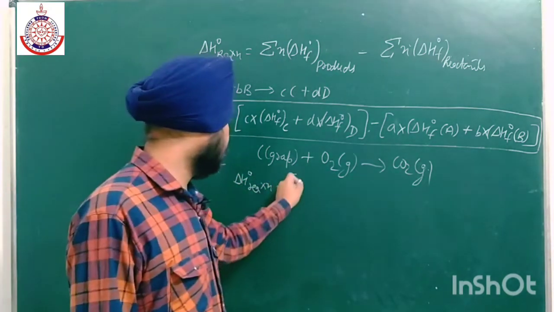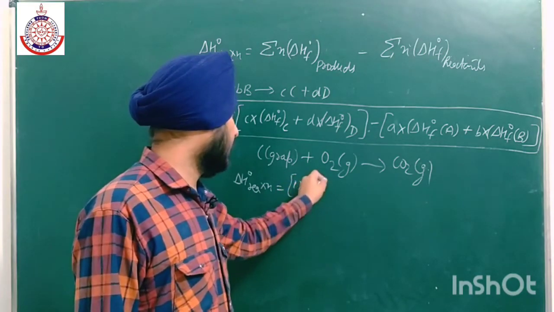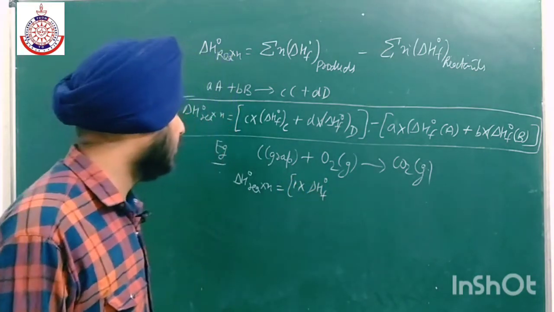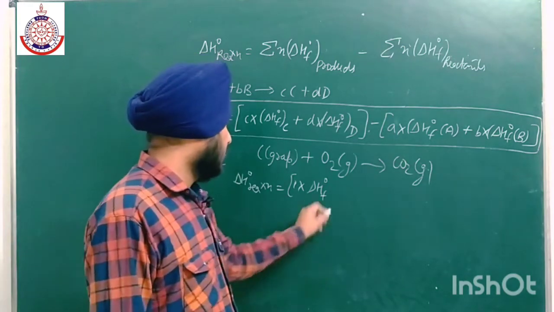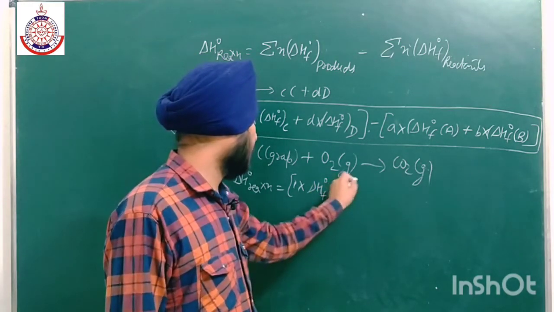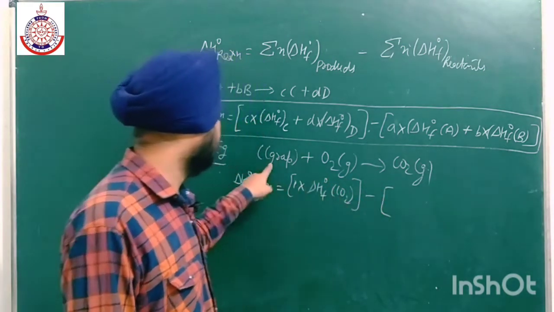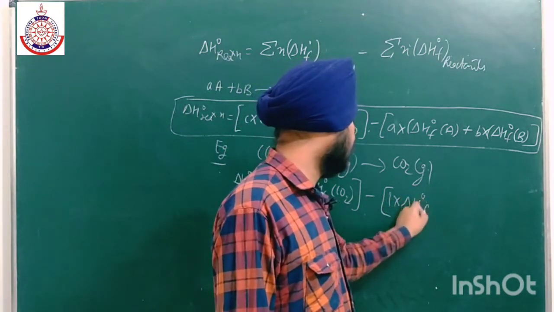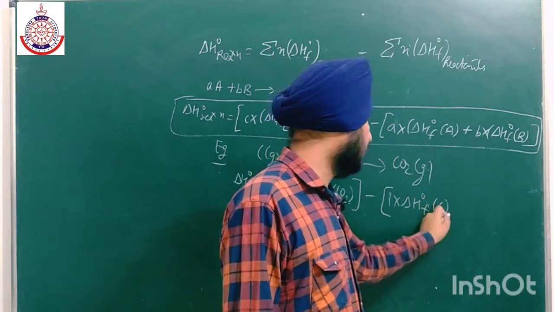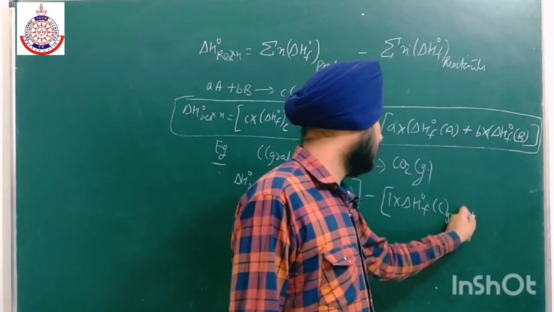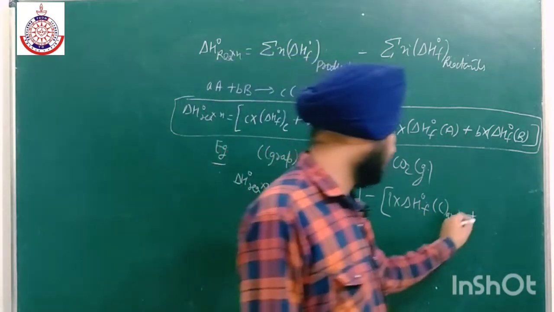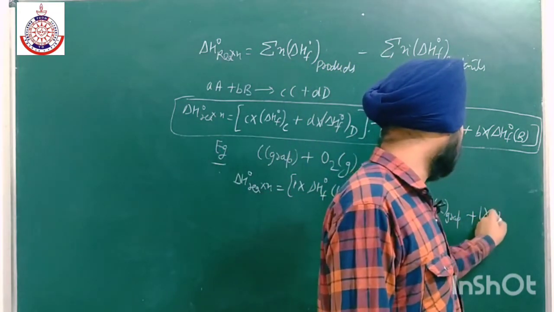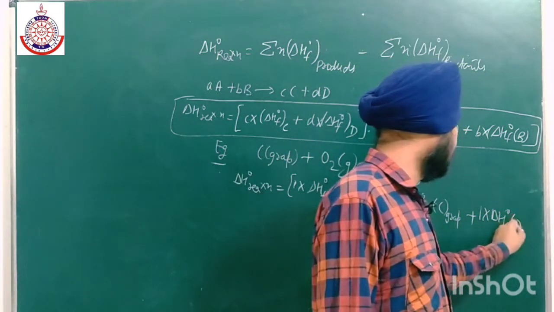So 1 into delta HF naught of CO2, minus, for carbon, 1 into delta H naught F of carbon graphite, plus 1 into delta H naught F of oxygen.